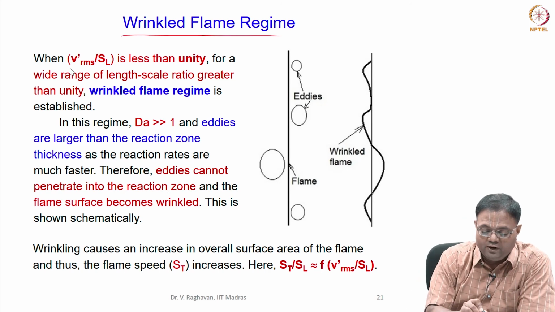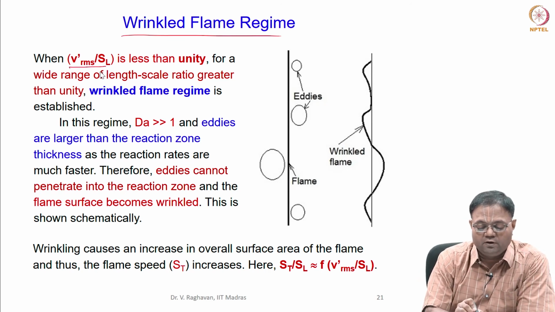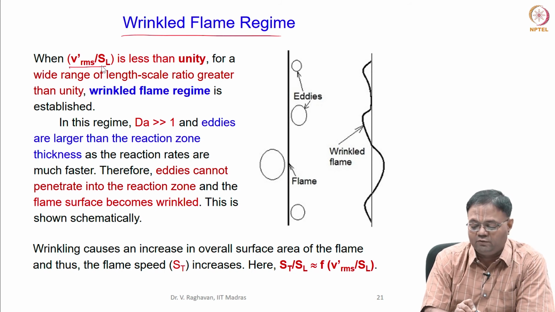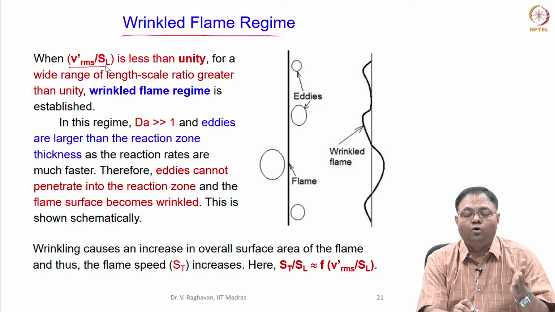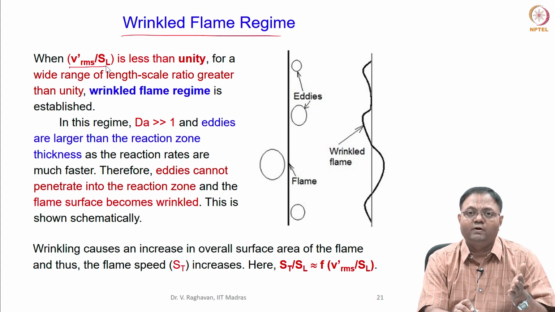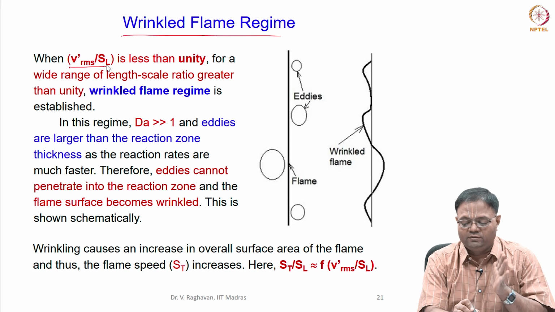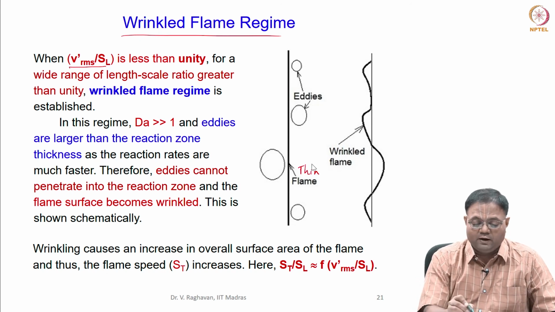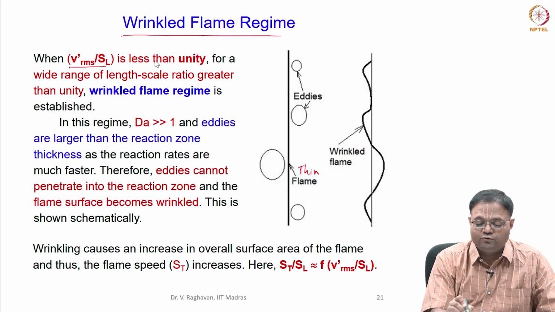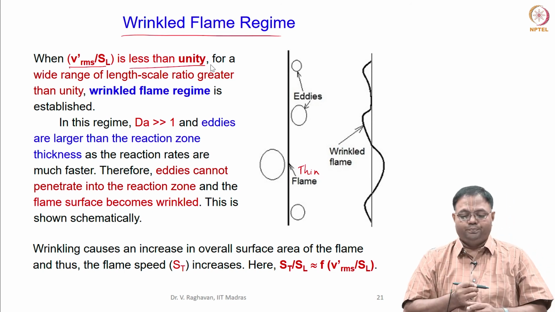So now V dash RMS by SL: in the Wrinkle flame regime, SL is very high. Correct? We are talking about high reaction rates. So high values of SL. So what happens when high values of SL prevail? The flame thickness will be extremely thin. So I am talking about this thin flame and SL being high, so this ratio is less than 1.